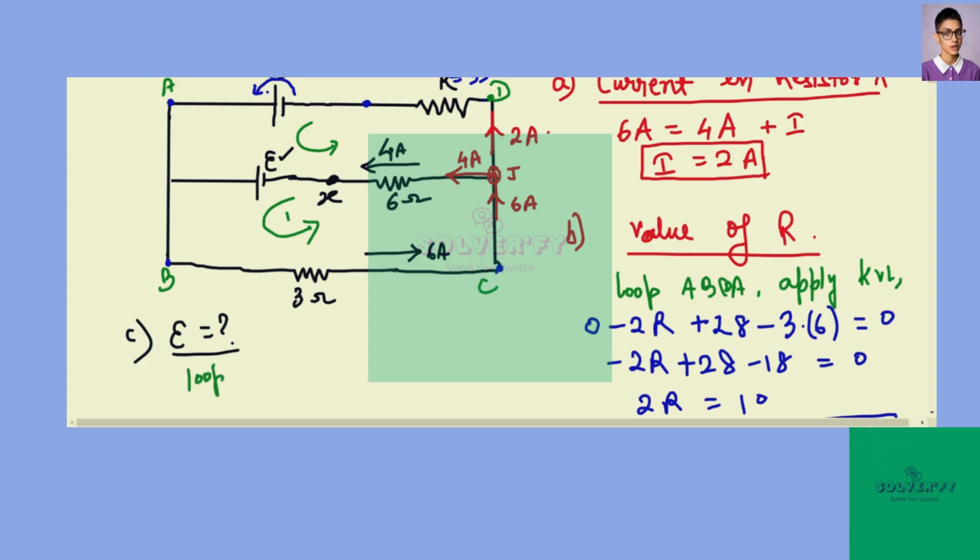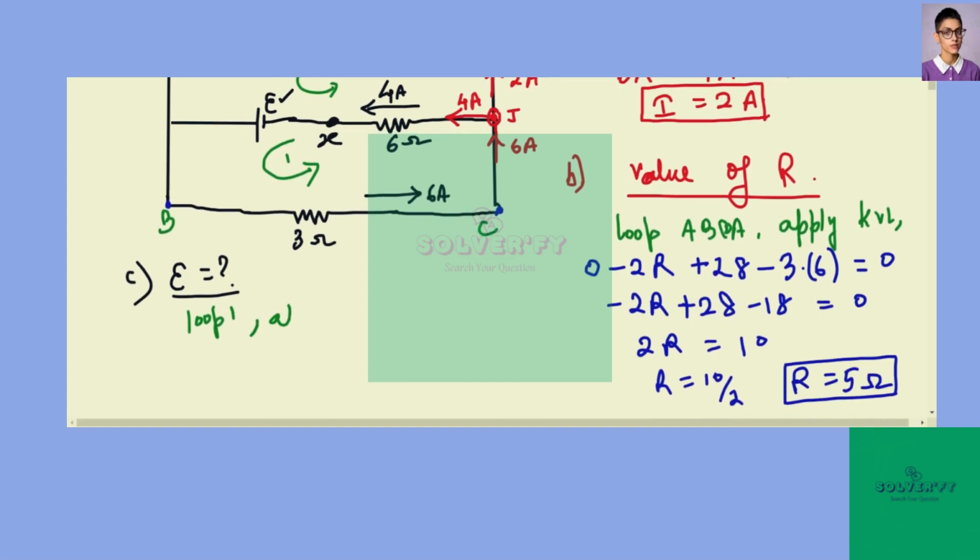So in this loop 1, we again apply Kirchhoff's voltage law. So we start at any point. Let's say we start at this point with potential 0. And then in the direction of current, there will be a potential decrement. So minus I into R, so 6 into 4 is 24.